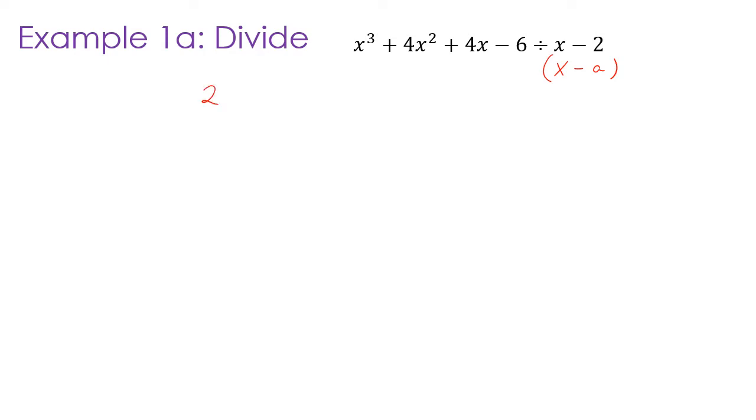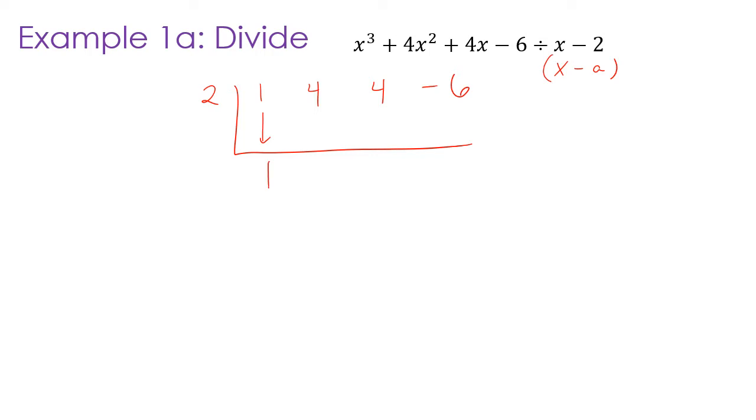So your a value, which is 2, then our synthetic division, our coefficients, 1, 4, 4, negative 6. Don't forget to always double check descending order of x, and if you're missing any x terms in both the divisor or the dividend, then you need to make sure you have a 0 placeholder.